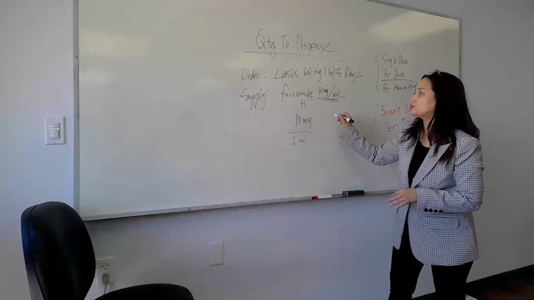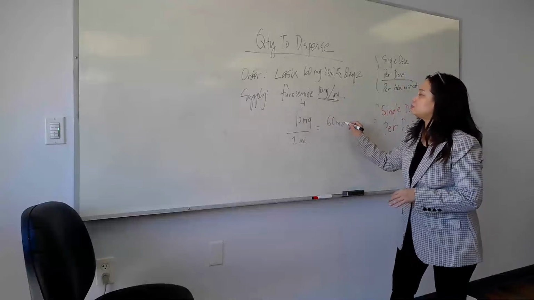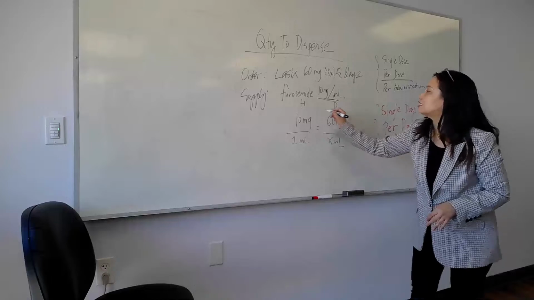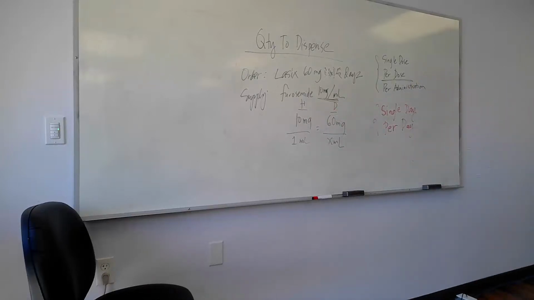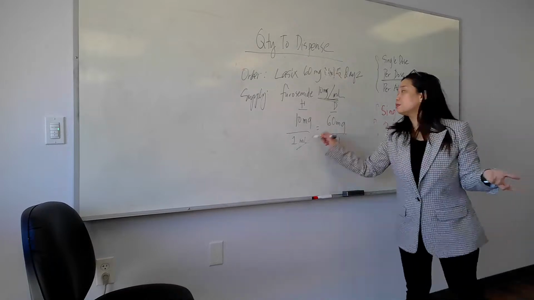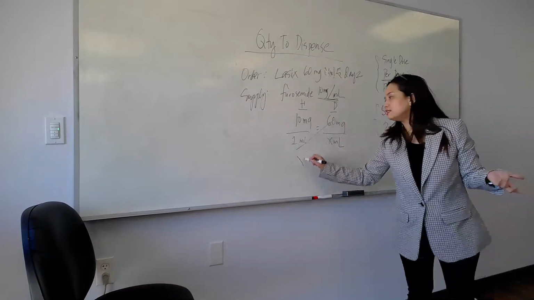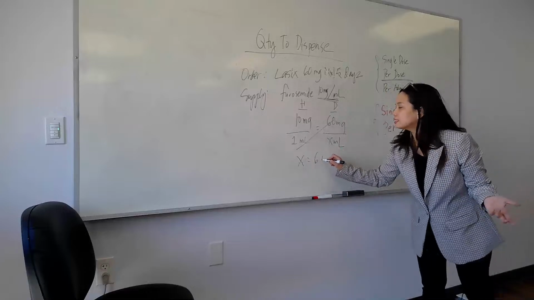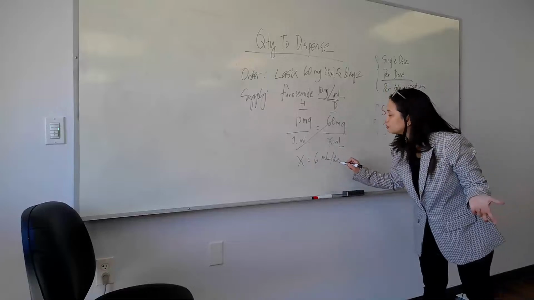And then what do we have? 60 mg over x ml. This is your desired side. Cross multiply, 60 divided by 10 is 6 ml. That's my per dose.